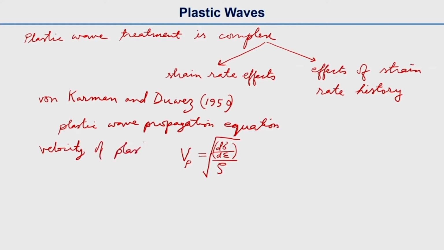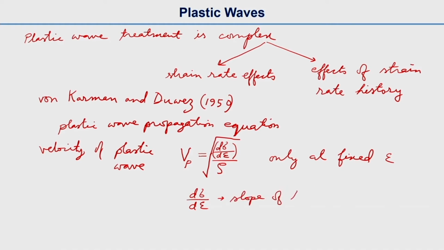Velocity of plastic wave is defined only at fixed strain epsilon, because d sigma by d epsilon is the slope of the plastic region of the stress strain curve, and the slope we define only at a fixed strain.